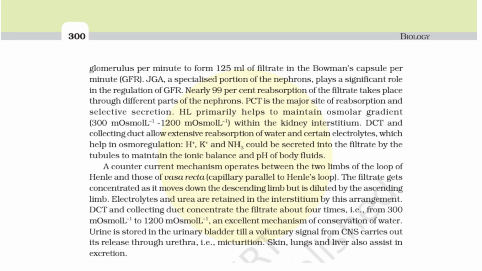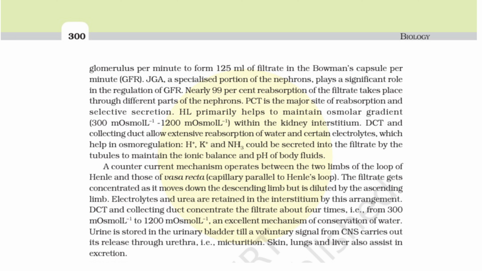The renal tubule starts with a double-walled Bowman's capsule and is further differentiated into a proximal convoluted tubule (PCT), Henle's loop (HL), and distal convoluted tubule (DCT). The DCTs of many nephrons join to a common collecting duct, many of which ultimately open into the renal pelvis through the medullary pyramids. The Bowman's capsule encloses the glomerulus to form Malpighian or renal corpuscle.